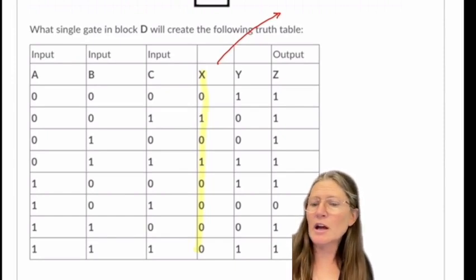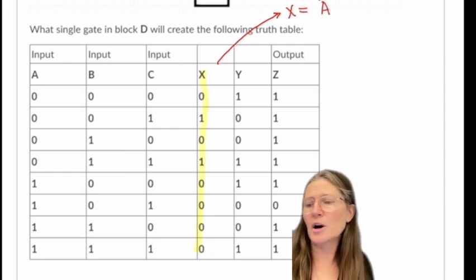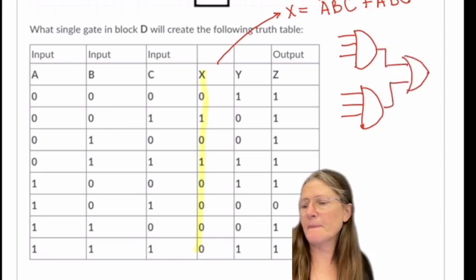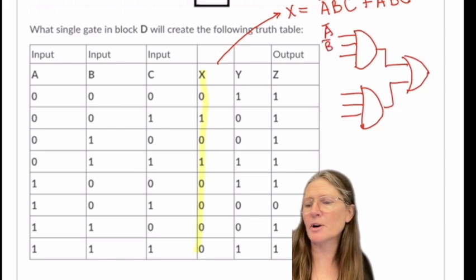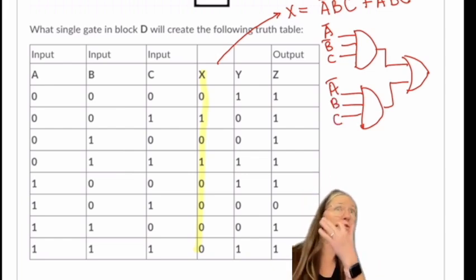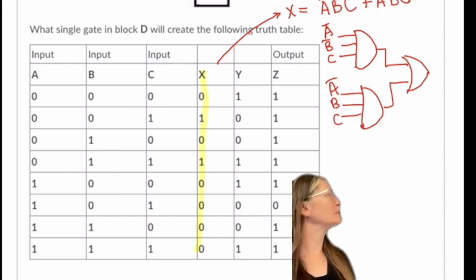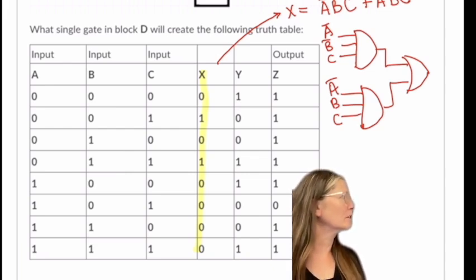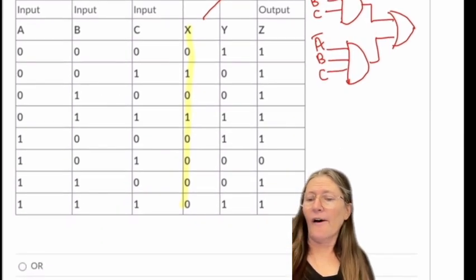So this would be X is A bar, B bar, C, or A bar, B, C. And the circuit would then be 2 AND gates and an OR gate. And the inputs would be A bar, B bar, C, A bar, B, C. So I could ask you to draw the circuit for it. And it could be any function.